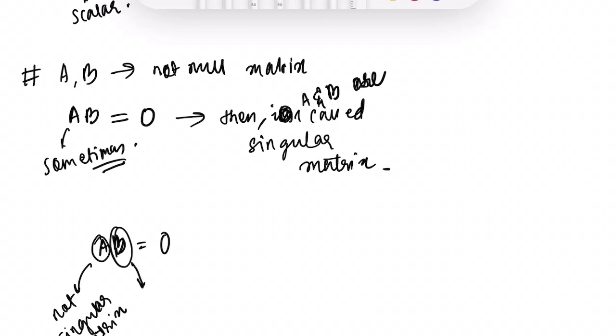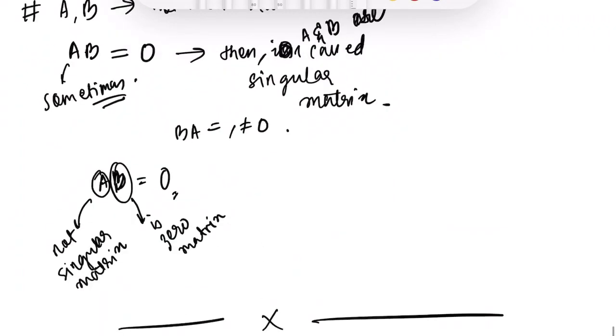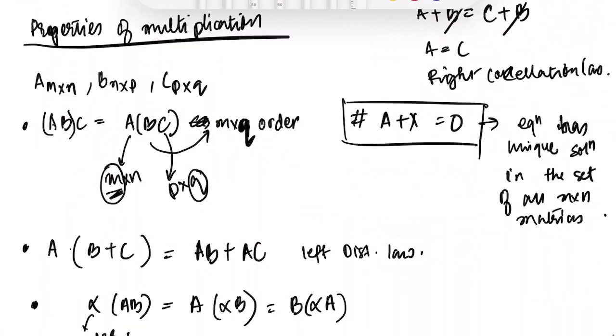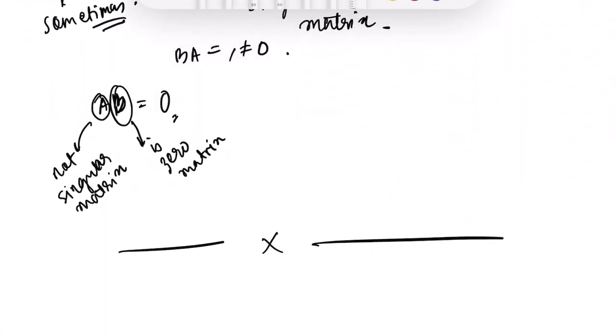It's that B is a 0 matrix. That's why we call 0, right? Okay, and yeah, of course BA can be or may not be equal to 0. Okay, so we are done with the algebra of matrices. See you in the next video.